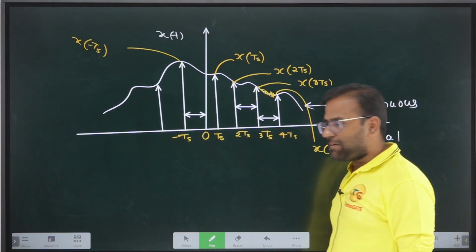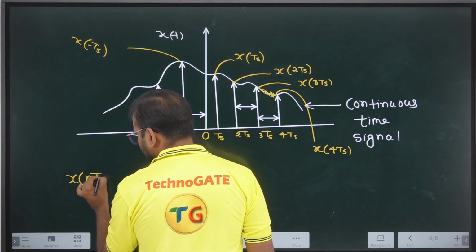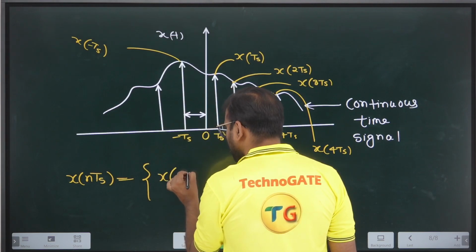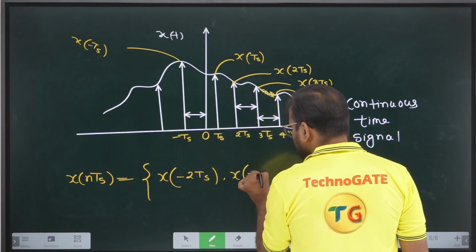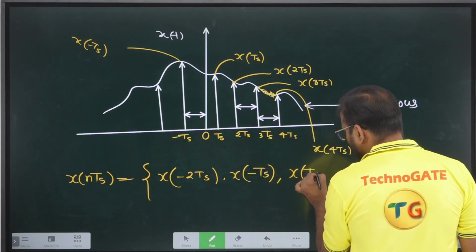So what do we understand by discrete signal? X of nTs is a discrete signal. What is it? A collection of samples, maybe x of minus 2Ts, x of minus Ts, x of 0, x of Ts, and so on.